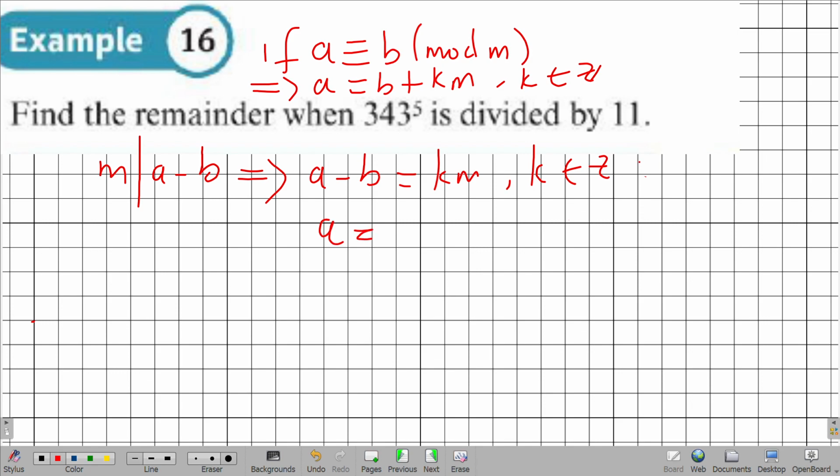Rearranging this gives us A equals B plus Km, the point I mentioned above. So that's a very important theorem to note.